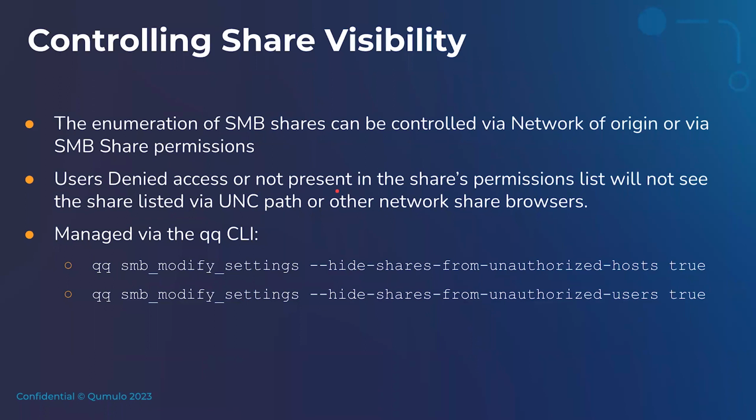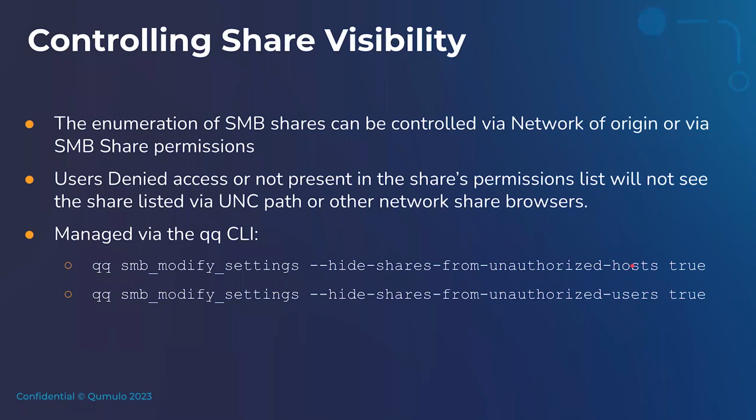Now, controlling share visibility is, again, something that some users get confused about. They would think that access-based enumeration that we talked about would turn this feature on and off. But in this case, controlling the visibility of a share is determined via a flag that you set over the QQ CLI. So you can turn on the option to hide shares from unauthorized hosts, meaning that visibility of an SMB share is determined by network privileges.